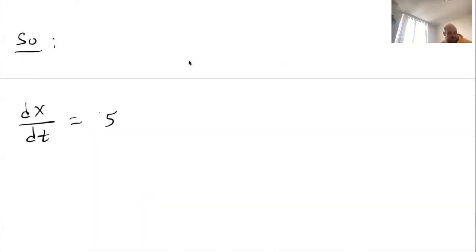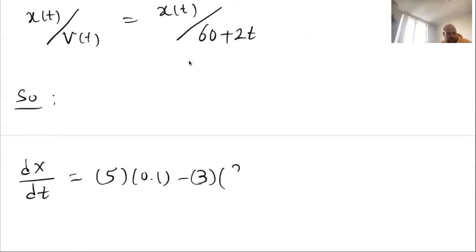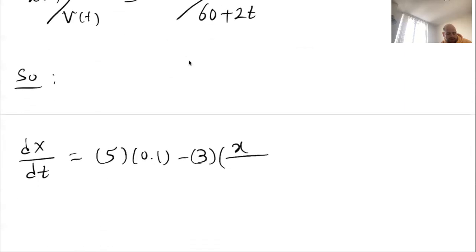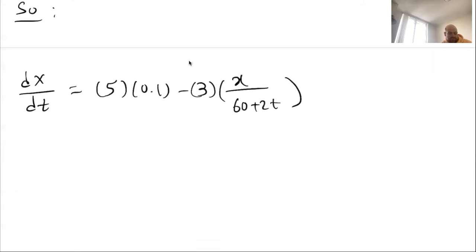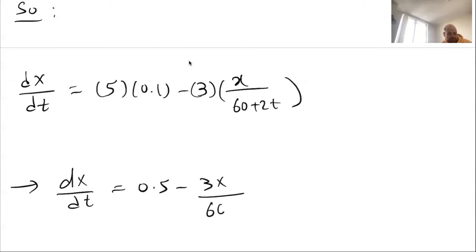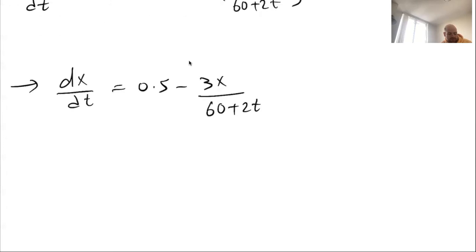So 5 times 0.1 minus 3 times question mark. Question mark is x divided by 60 plus 2t. So that means dx over dt equals 0.5 minus 3x over 60 plus 2t.